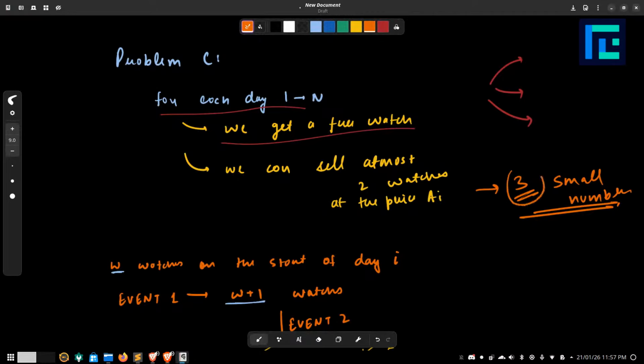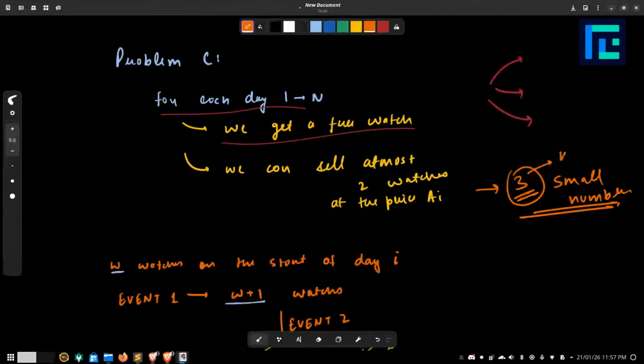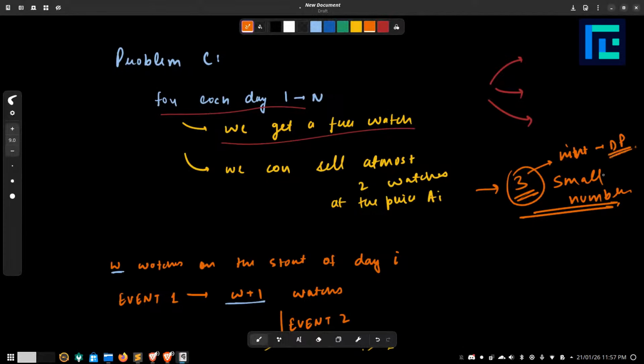Why 3? So this 3 is a hint towards DP, because in DP we can only have a small number of transitions. We cannot have a large number of transitions because that would be TLE. And then the next point is that all the three different paths that we can take lead us to a pretty similar kind of state.